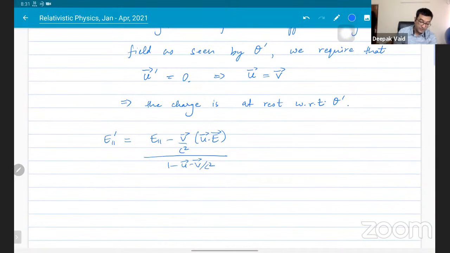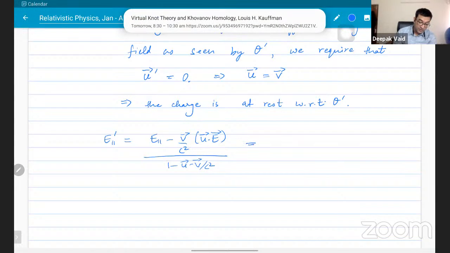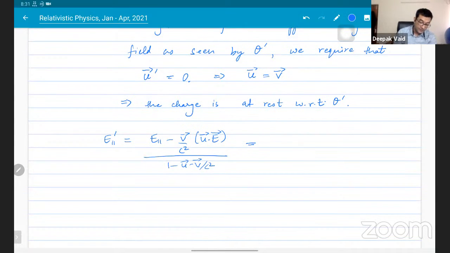And in this equation, we will set u is equal to v. Okay, so what do we get if we set u is equal to v? In the denominator, we get 1 minus u square by c square, or v square by c square, where v is the relative velocity.